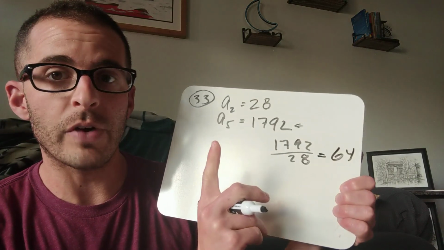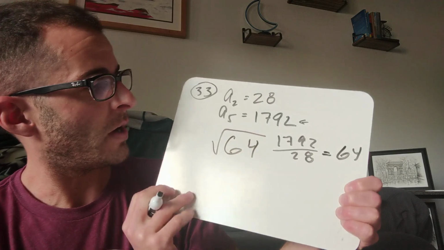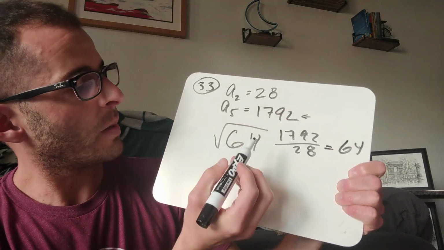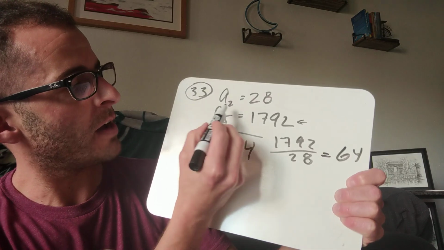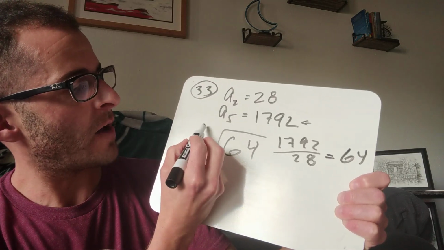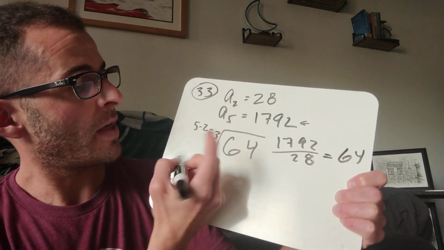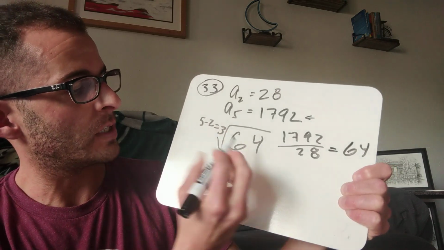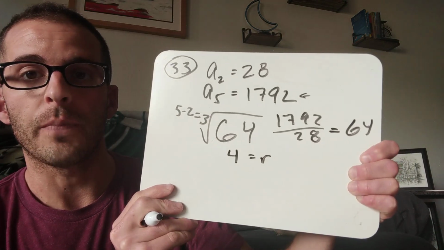Okay, but that's not my common ratio. So 64 is right here. It's going to go underneath a radical. What am I going to put in the radical? I'm going to take the larger term, 5, take away 2. 5 minus 2 is 3. So that means I need to do the cube root of 64. That's 4, and that is my common ratio. Okay?